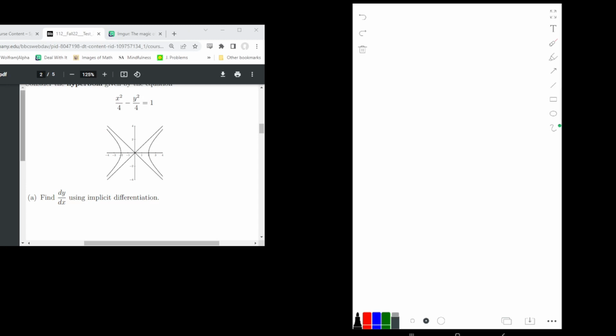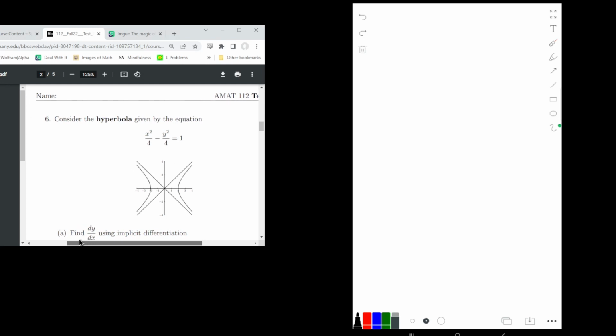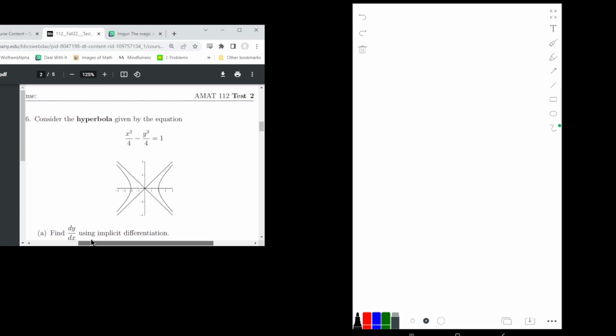I will begin this question, which is number 6, the same way that I did when I was mentioning it in class, in that on this graph, this x that's going through the origin is not actually part of the graph, and you can test that real quick.